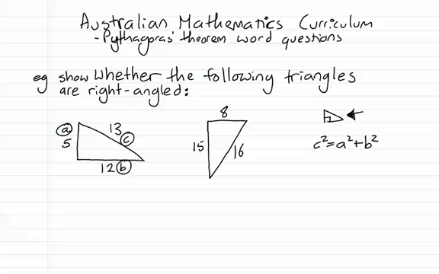Write Pythagoras' theorem, c squared equals a squared plus b squared. And we'll substitute in the values. C, I've got 13 squared, a squared, 5 squared, plus b squared, and b is 12.